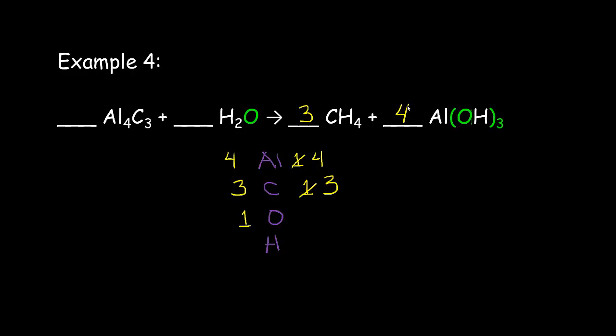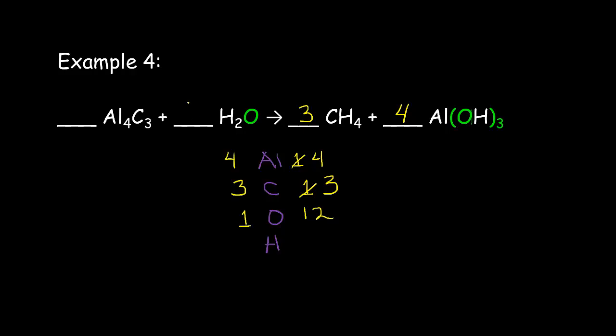So the best way to do this is to multiply your coefficient times all of your subscripts. This oxygen has an implied 1 subscript, and then it has a subscript over here saying that we have 3 of these. So it's 4 times 1 times 3, which is 12. Oxygens are not balanced. It appears that we have created 11 oxygens, which we know we cannot do. We can't start with 1 and end up with 12. So we need to have 12 oxygens on our reactant side.